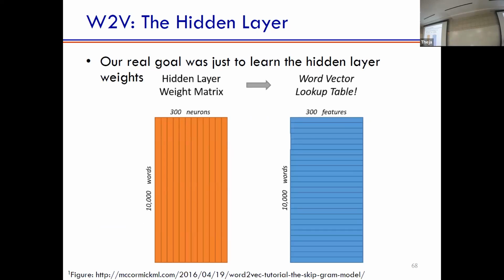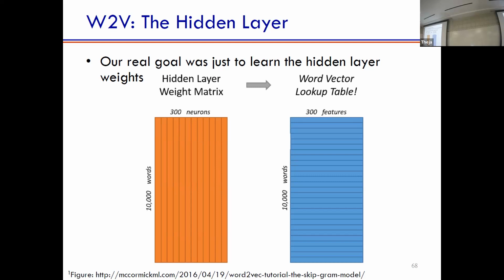So this is what we wanted to learn, actually, the W matrix, right? The auxiliary task about predicting a neighborhood word and all that is just a means to this end, which is to get a word embedding. And this thing on the right is our W matrix.